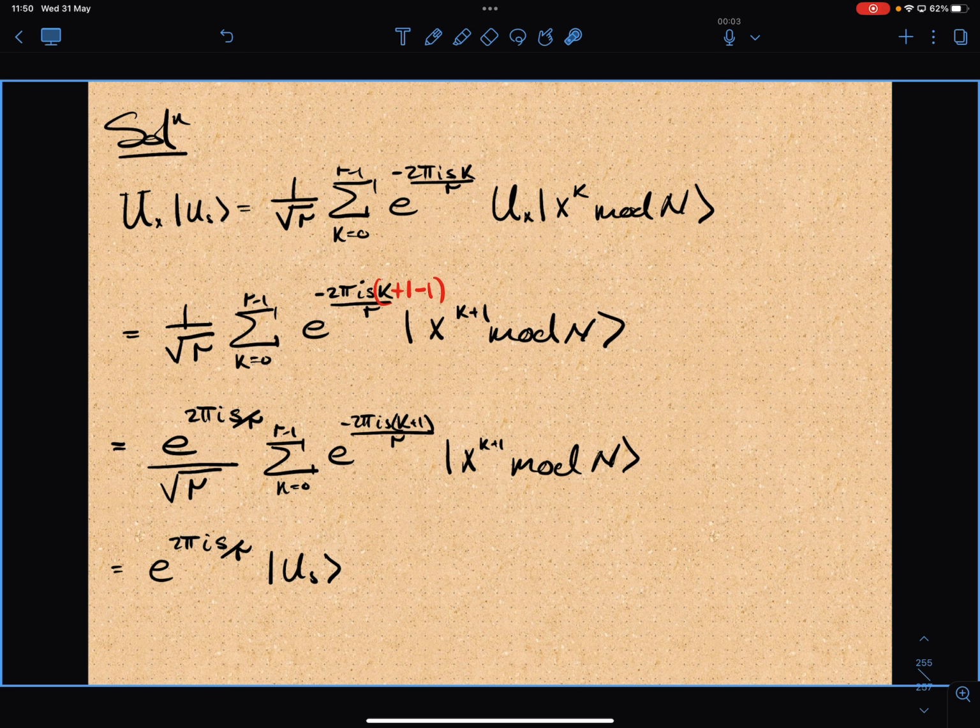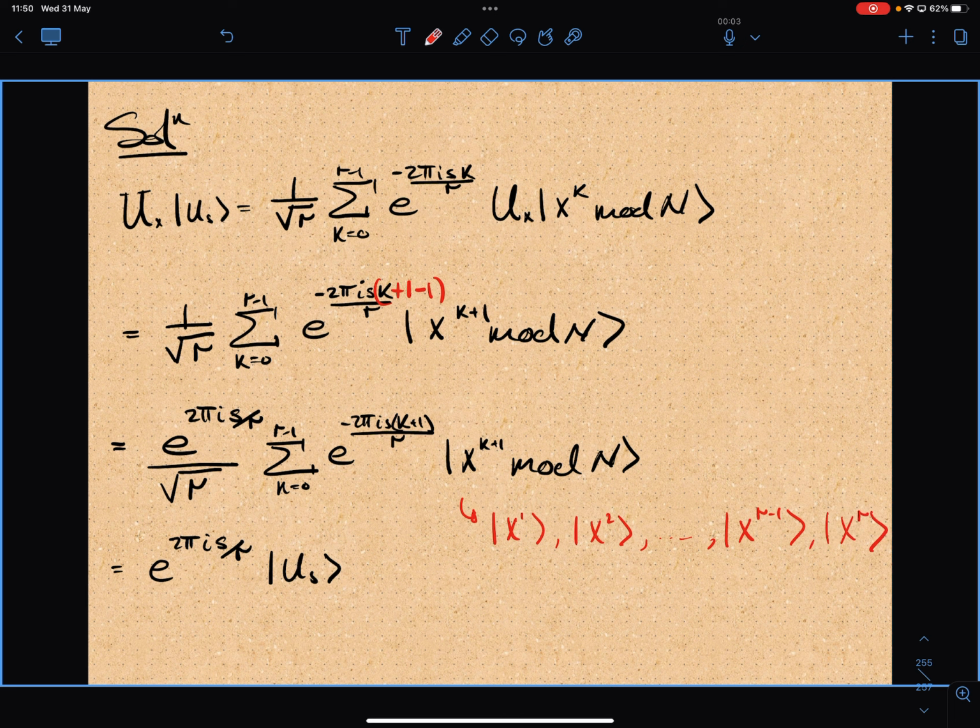Can you explain that last step where we can write that as just US? Yeah, so if we look at just the x^(k+1), if we start at 0, we're going to have x^1, then x^2, up to x^(r-1), and then x^r.